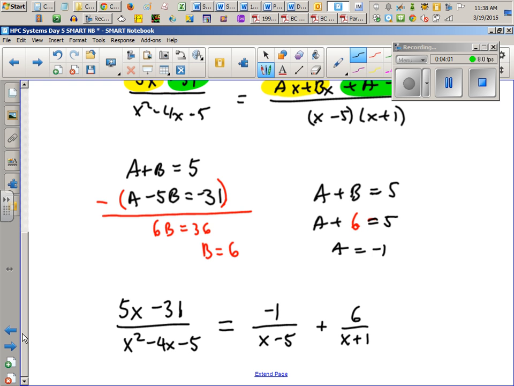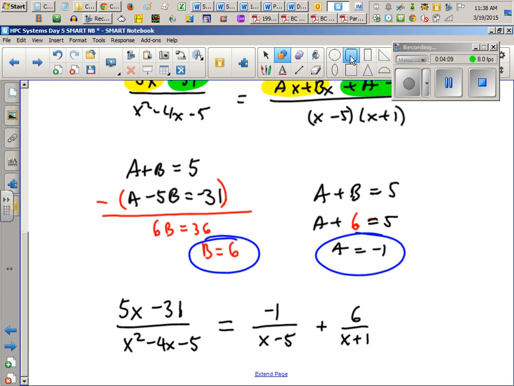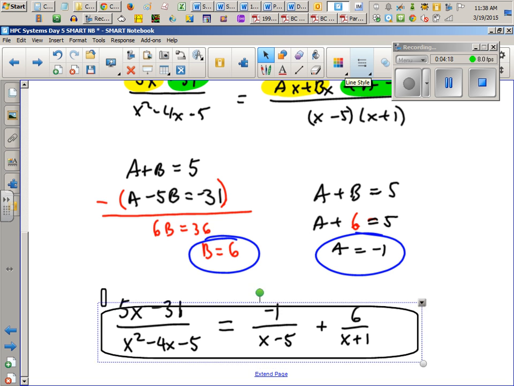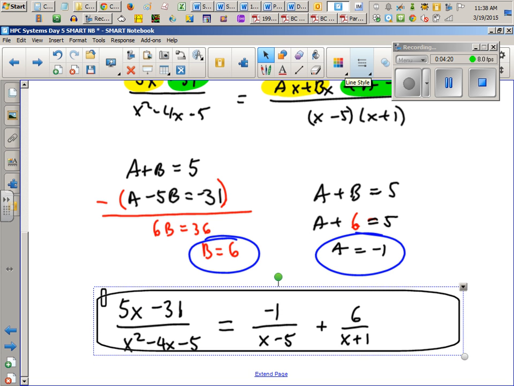I actually did that here, see? But you need to write the answer as if it's a conclusion, right? So don't just stop when you get A and B. Go ahead and write your answers like this. Make them look nice. Does that make sense? So please do that. Just make it look nice by writing the original composed fraction and the decomposed partial fractions. These guys are called partial fractions.